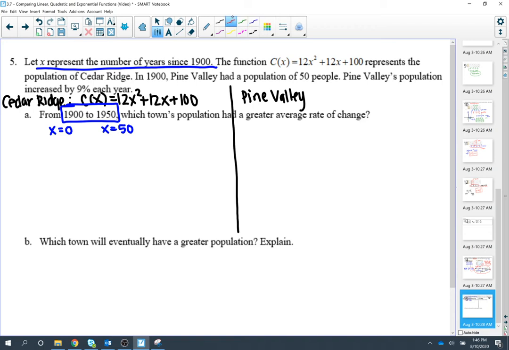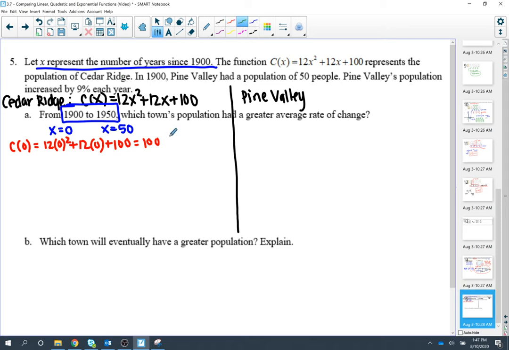In order to do that, we're going to use substitution. I'm going to take my function c of x, and I'm going to first start with c of 0. So we're going to have 12 times 0 squared plus 12 times 0 plus 100. 0 squared is 0, 12 times 0 is 0, we've got 100, which means my population in Cedar Ridge in 1900 was 100 people.